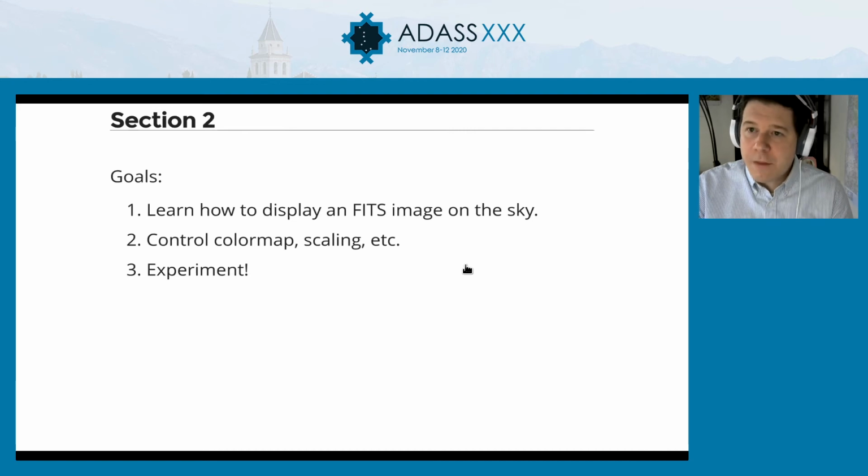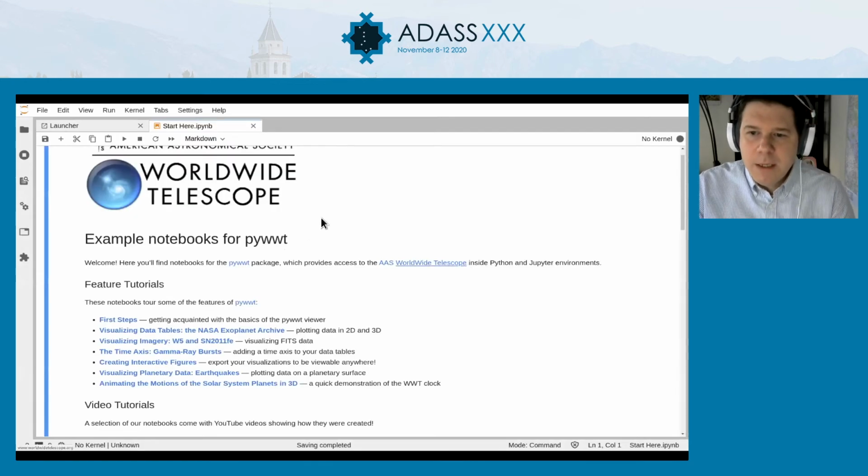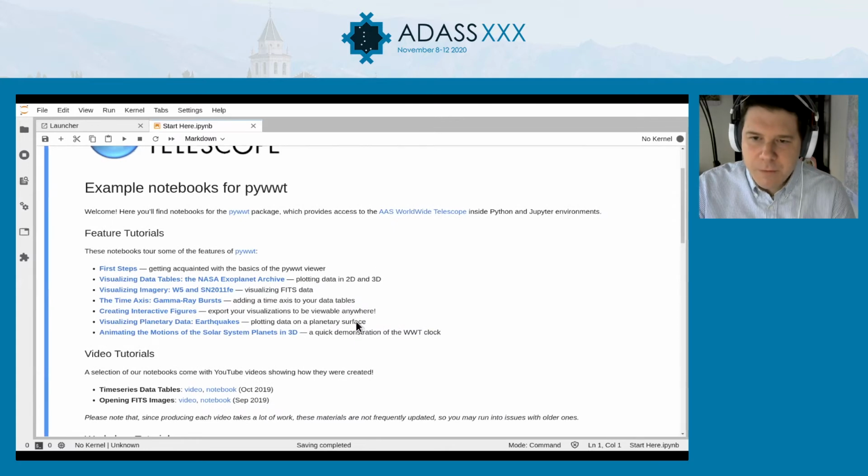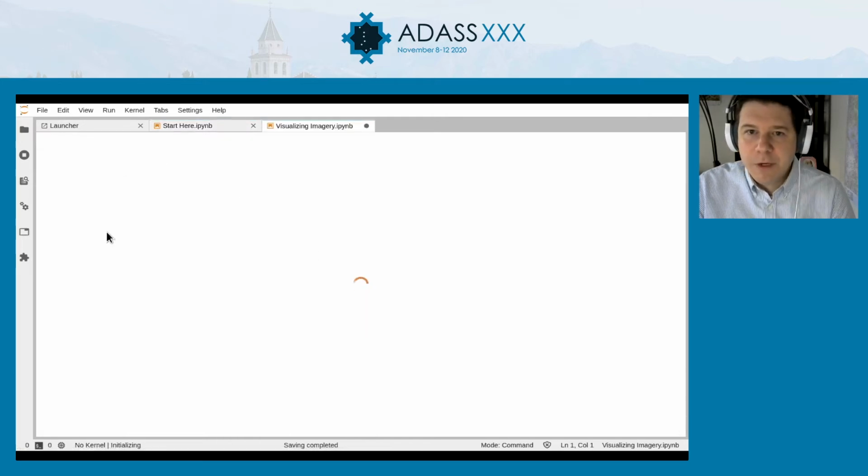So I'll switch back to my notebooks here, and the next one that I'll open up is the one called Visualizing Imagery. So if I click on that, we'll open up a new notebook.